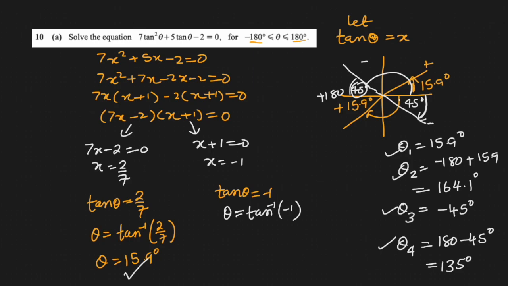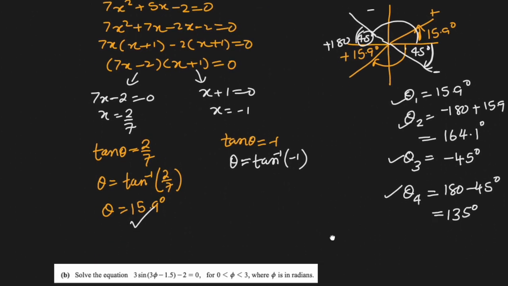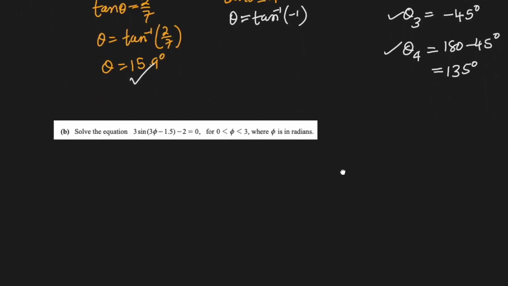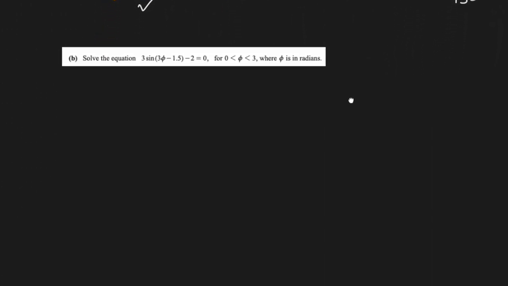Moving on to B part. Solve the equation this. Okay, and nothing to do with A part. Alright, we'll solve this. So what can we do first? We should remove this 2 from the angle we want to find out. So it will be 3 sine of 3 phi minus 1.5 equal to 2.